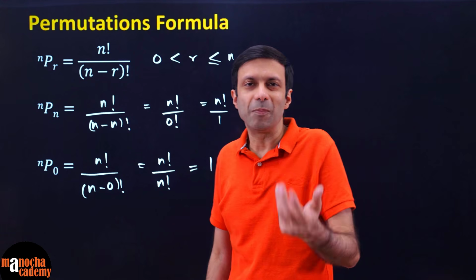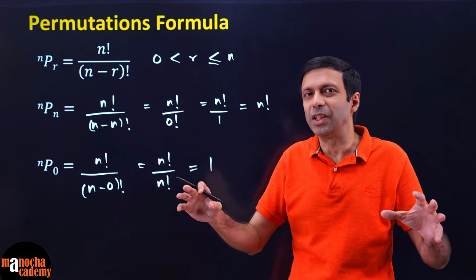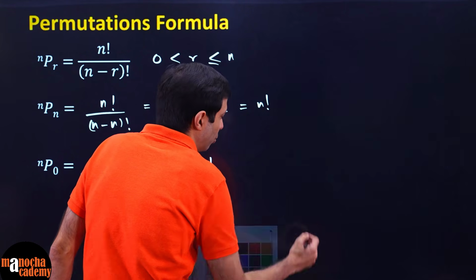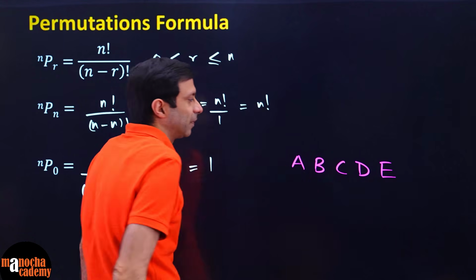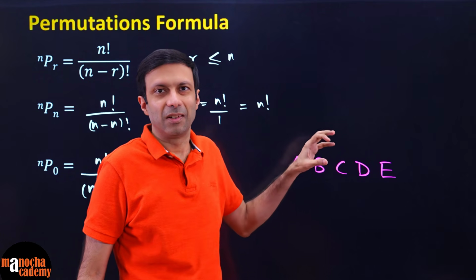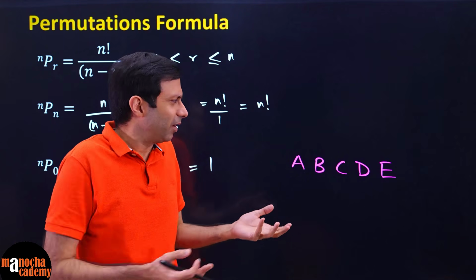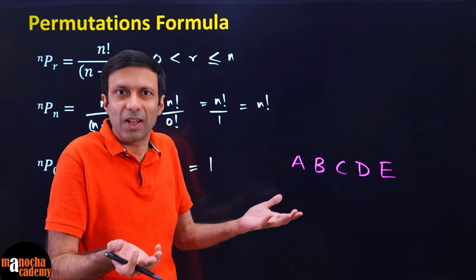But what does this 1 mean? If you understand this formula, we are saying we have n objects. So let's say you have n letters. For example, you have 5 letters A, B, C, D and E. And I tell you to select 0 objects. That means none of these letters. So how many permutations are possible? If you're not selecting any of the objects, that means you basically have nothing.